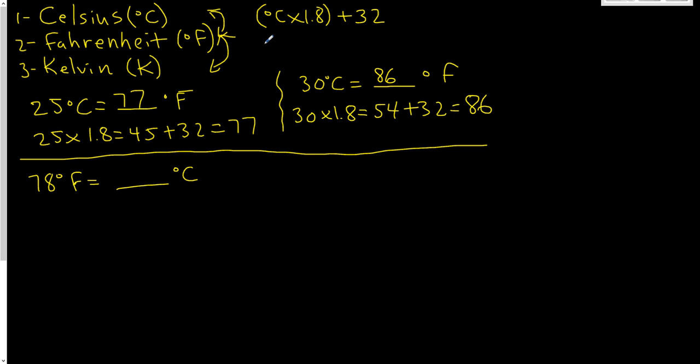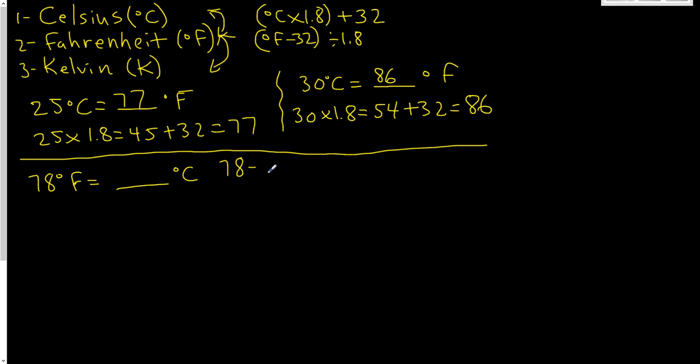So what we're going to do is take our temperature in Fahrenheit and subtract 32. Then we are not going to multiply by 1.8. The opposite of multiplying is dividing by 1.8, and that will give us our answer. So let's go ahead and do that.